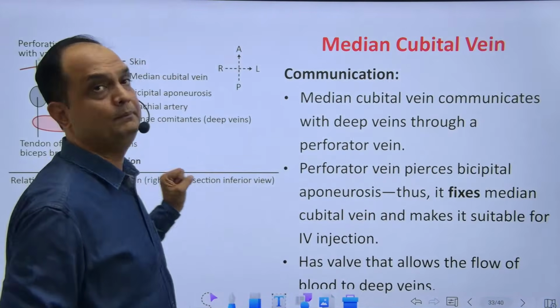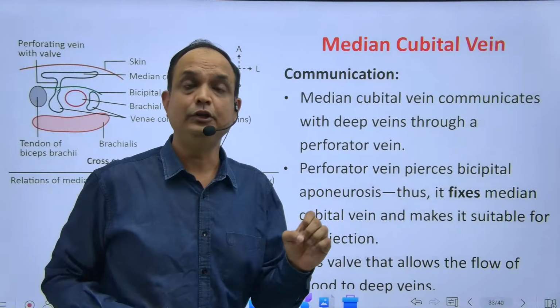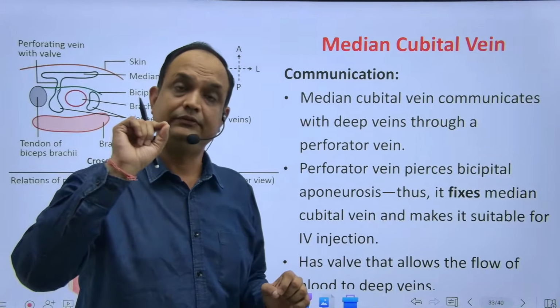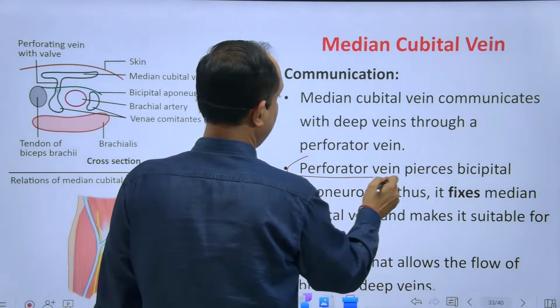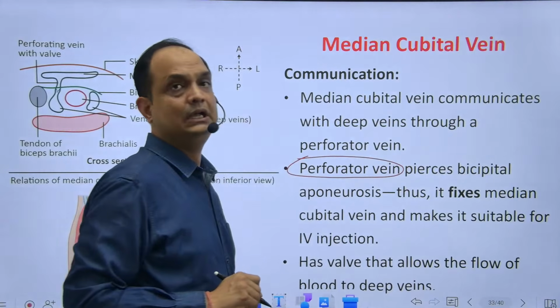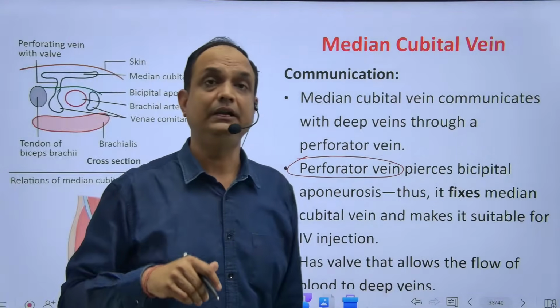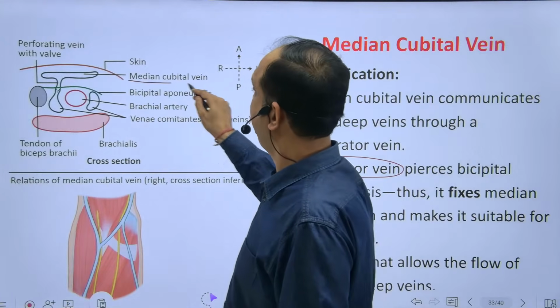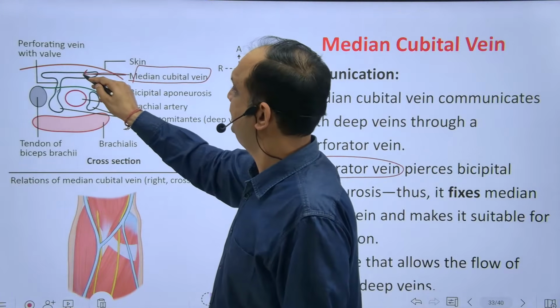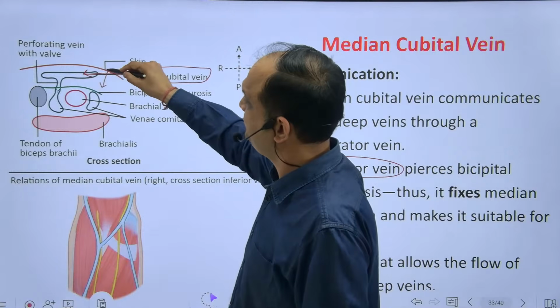Now there is one important thing: the median cubital vein is connected with the deeper veins by perforators. These perforators are very important and have a practical role. In this image, this is your median cubital vein, present in the superficial fascia.